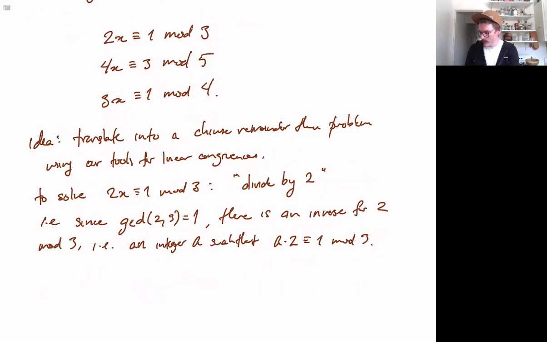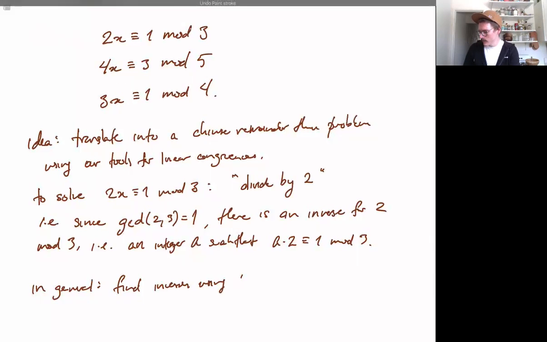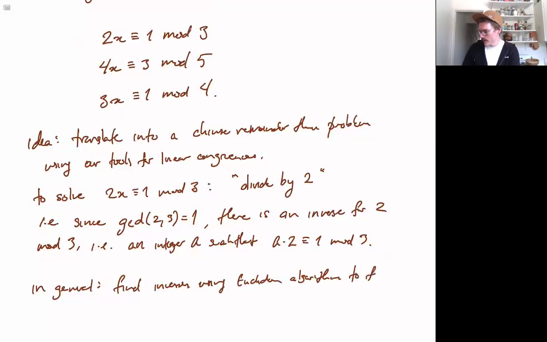And in general, we find inverses using the Euclidean algorithm to find Bézout coefficients, because then that looks like a times 2 plus b times 3 equals 1.